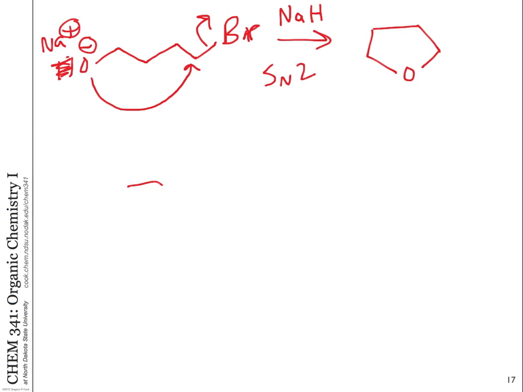Okay, that's a very useful way to make ethers. This use of sodium hydride to deprotonate an alcohol and then react with an alkyl halide can be done between two molecules, alcohol and bromide, or within the same molecule. And it can be used to make something like this.